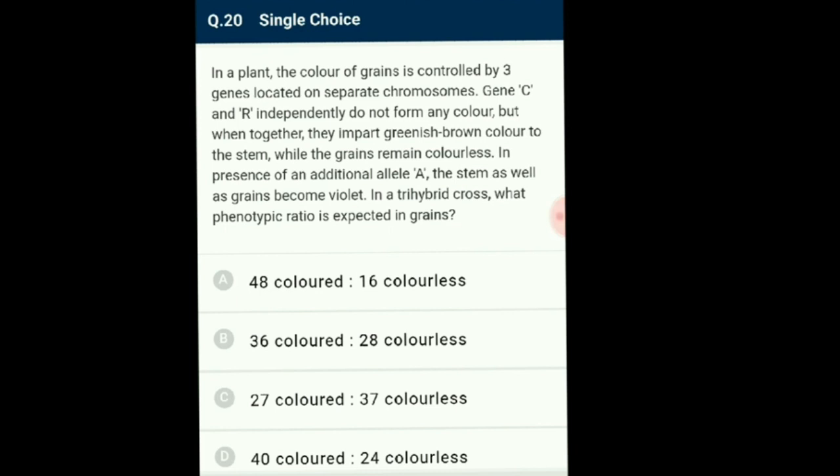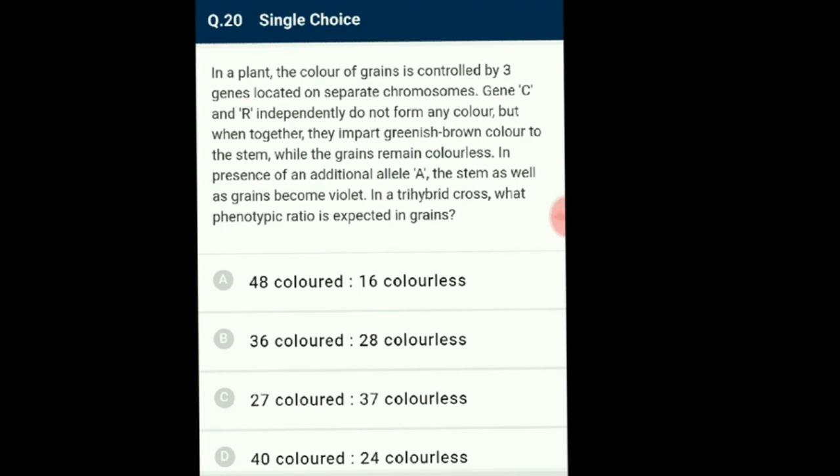If we consider the three genes separately, capital C, small c crossed with capital C, small c will produce 1 capital C, capital C, 2 capital C, small c, and 1 small c, small c. Thus, the proportion of individuals having capital C is 3 by 4. Similarly, capital R, small r is also 3 by 4. Similarly, capital A, small a.